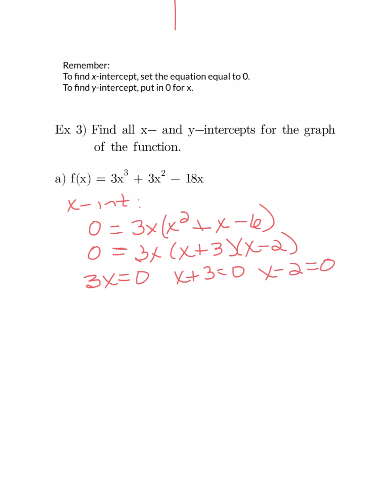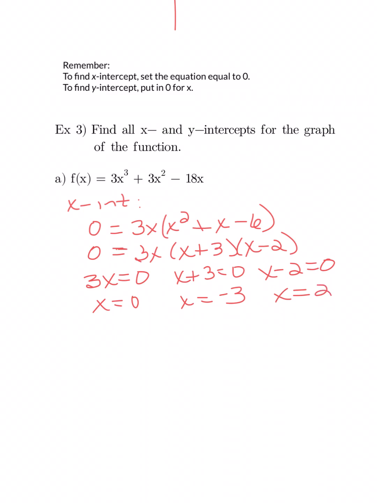On our first little equation, divide both sides by 3, you get x equals 0. Subtract 3, you get x equals negative 3 on the second, and then on the third, add 2, you get x equals 2.